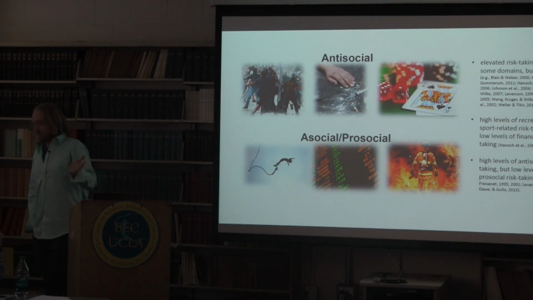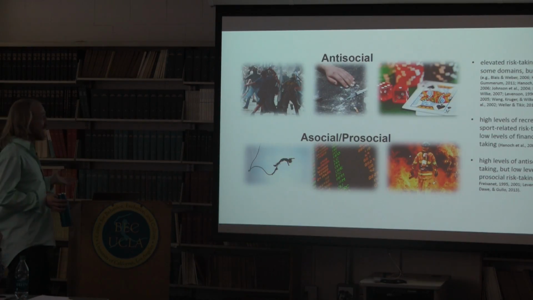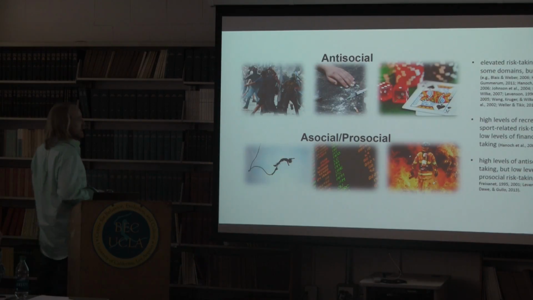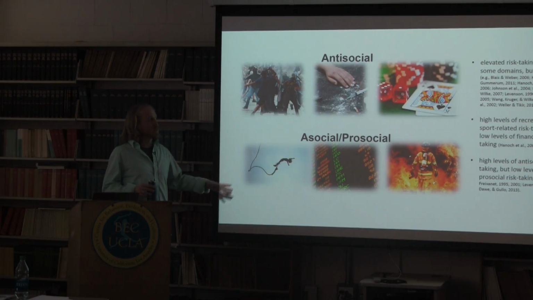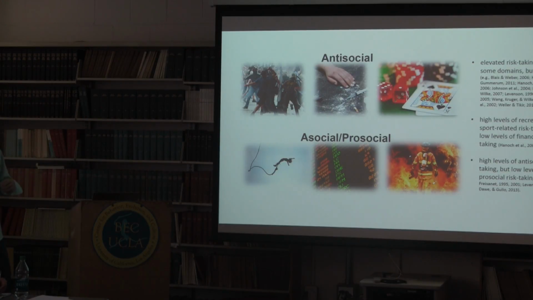The problem for this is, and again, we're still out in broad social science land, people are starting to realize that if we consider other, non-deviant forms of risk-taking, we do start to see that people seem to exhibit high levels of risk-taking in some domains, but not others. For example, there are people that take high levels of recreational sports-type risk, call them Fessler types.